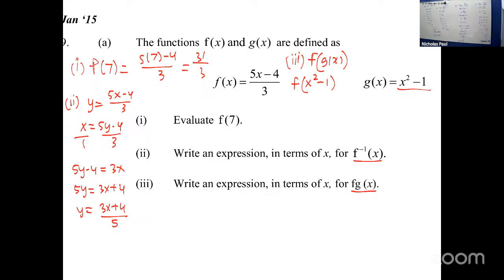And then you substitute that into f. So that's 5 by x squared minus 1 minus 4 over 3. And then multiply out, you're done. That's 5x squared minus 9 over 3. Yeah, you all got minus 9 over 3.